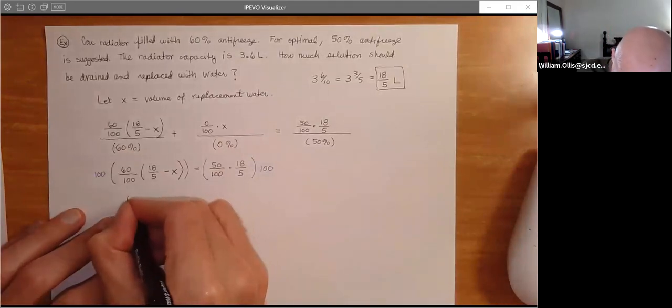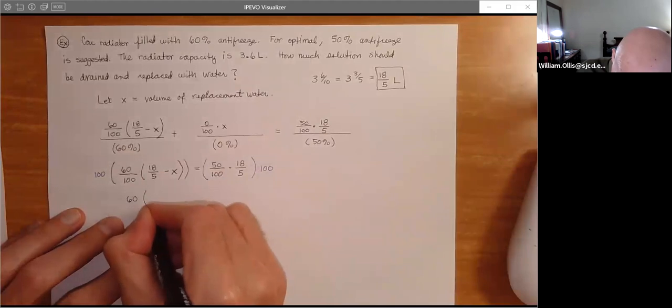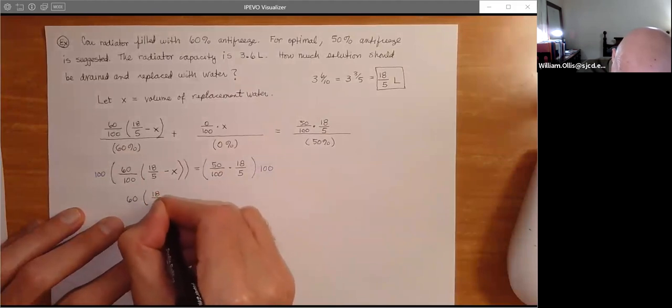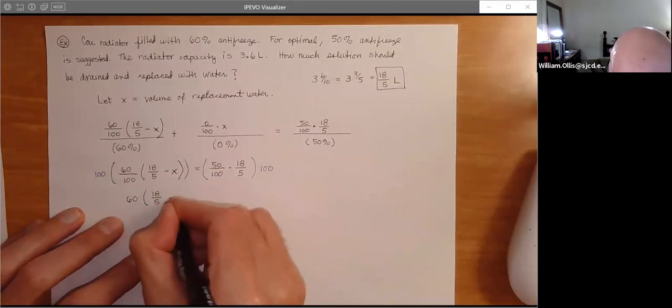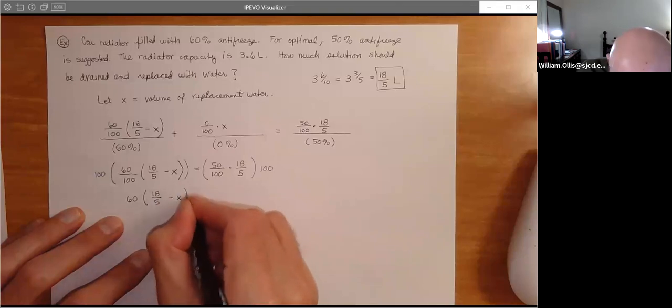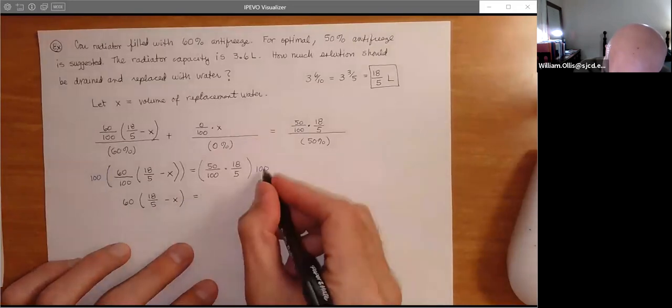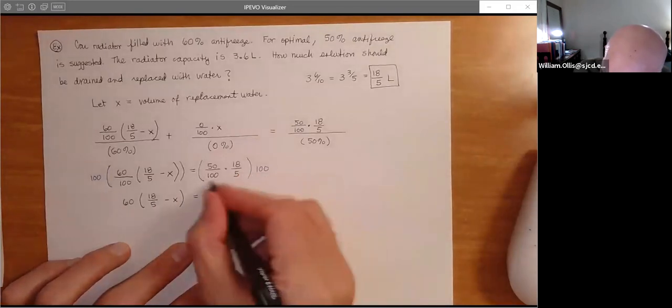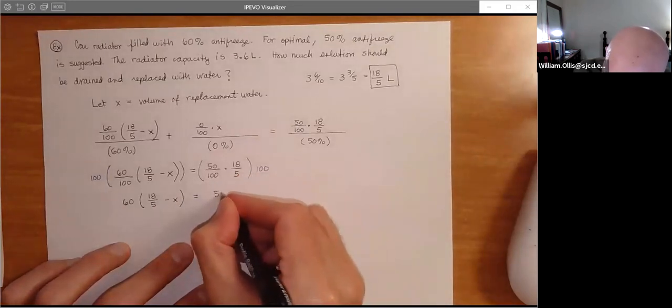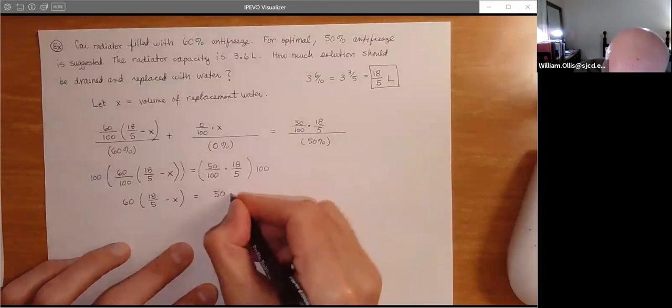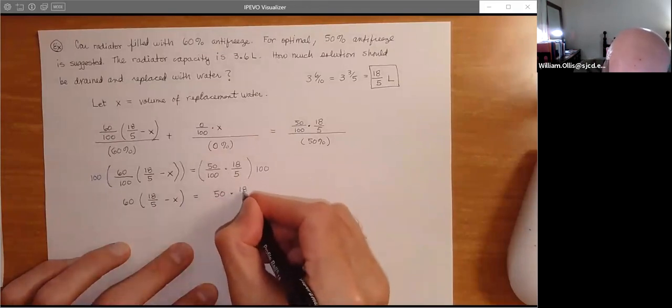So we'll get 60 times 18 over 5 minus X. And then the 100s will absorb. And so we have 50 times 18 over 5.